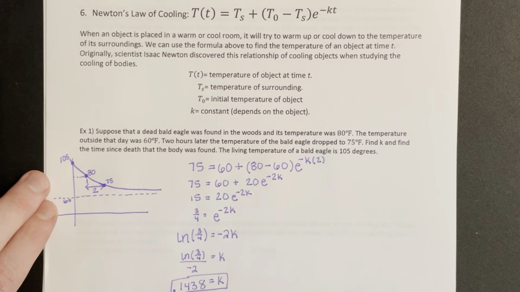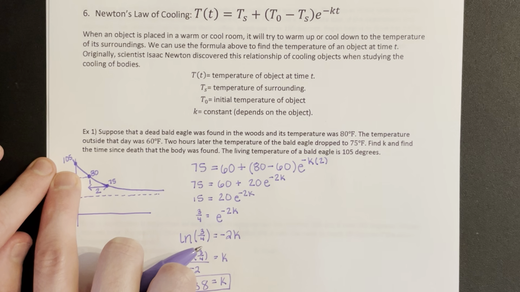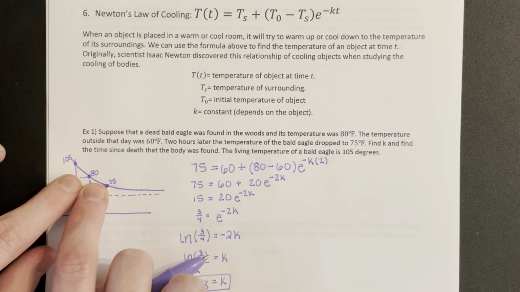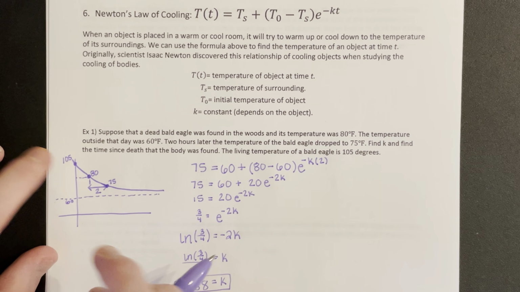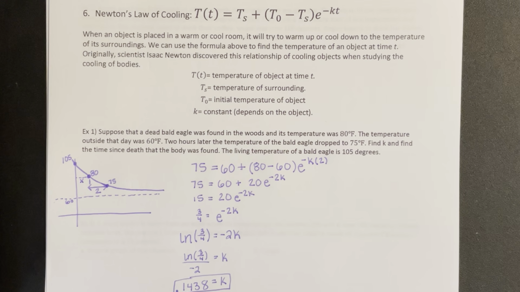Then it says, find the time since death that the body was found. At that point, we know that the initial amount was 105. We want to know how long it took to find it, which was at 80. So it's really trying to find the amount of time between there.